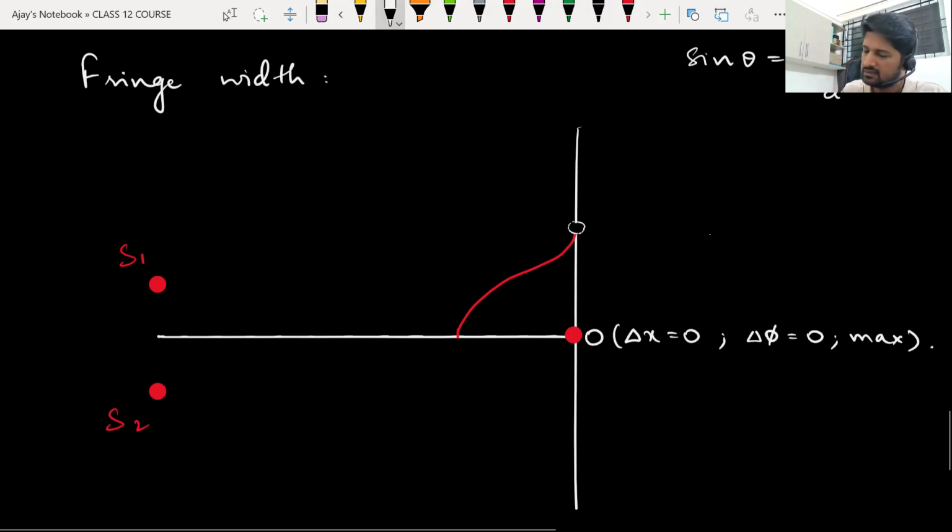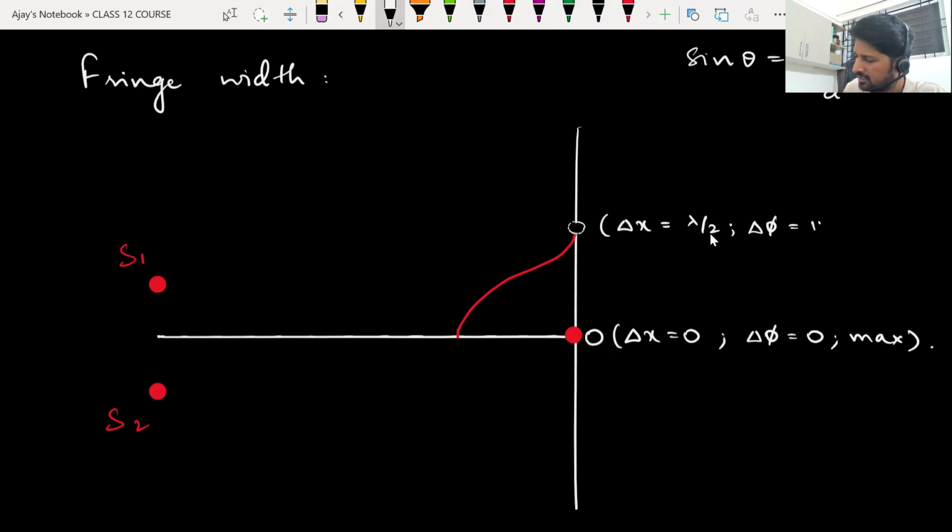When does that happen? That happens when the waves interfere with a path difference of half wavelength. That will give rise to a phase difference of an odd multiple of pi, destructive interference. And that is what you call a minimum. Keep going away, and you'll again get increasing intensity. You'll get another maximum, somewhere here.